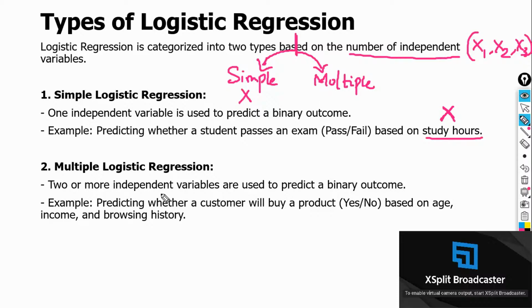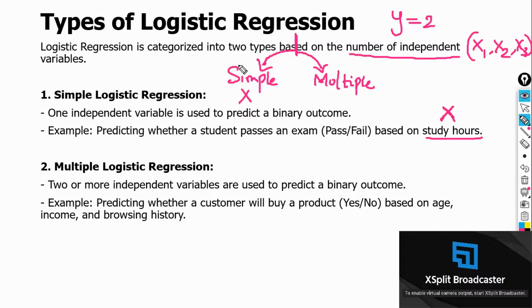Same, two or more than two. The example, I try to predict whether a customer will buy a product or not, yes or no. So obviously, under the Y column, you will have only two classes because we are talking about binary logistic regression only.